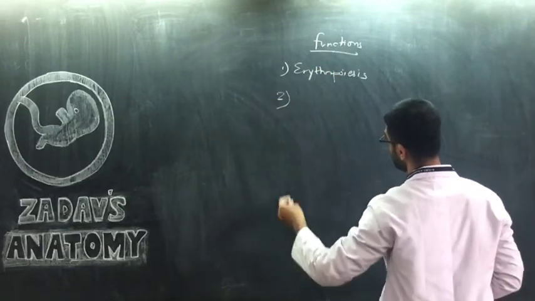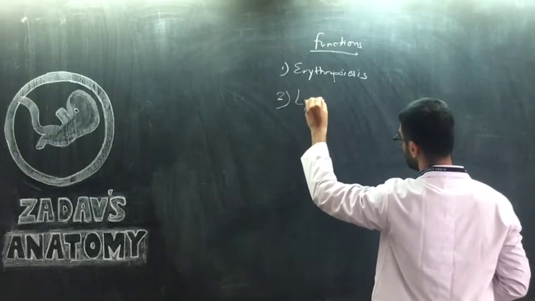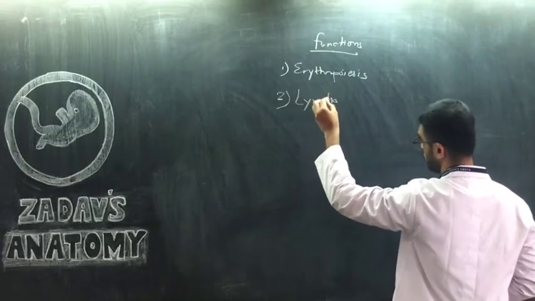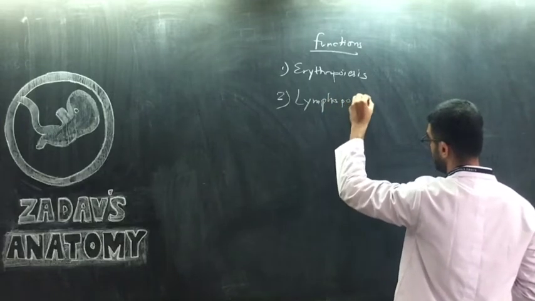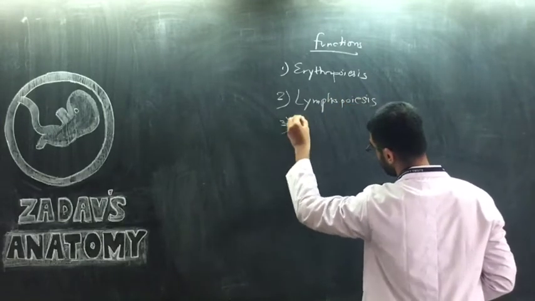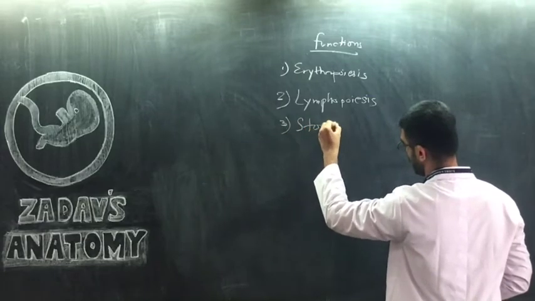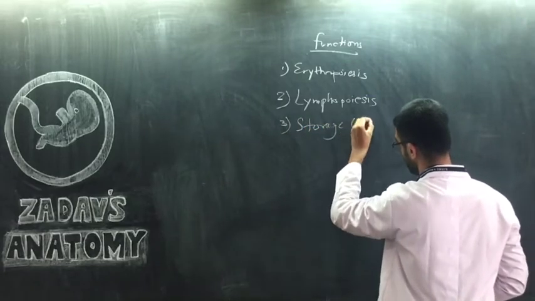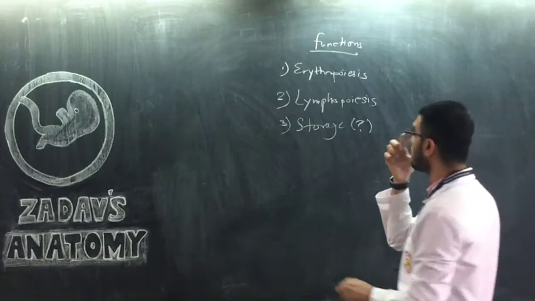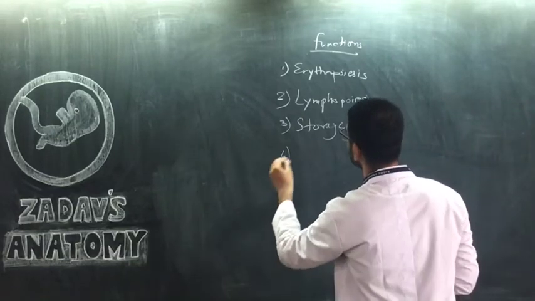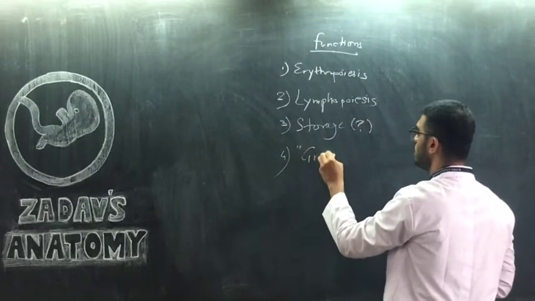The second function is lymphopoiesis, that is the production of cells of the lymphatic tissue. The third function, a bit of a controversy, is storage of the RBCs. And the fourth function, as I said, is the graveyard.